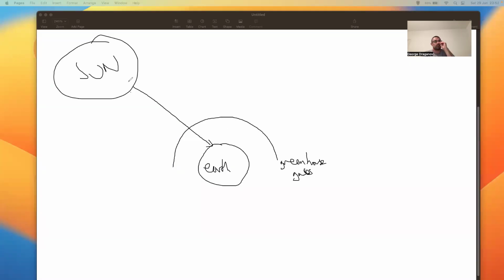What happens when the sun's UV light hits the Earth is it gets re-emitted as infrared. Now, some of the infrared will escape, but a lot of it will also get reflected and trapped back by the greenhouse gases into the Earth, which will cause the Earth to warm up.